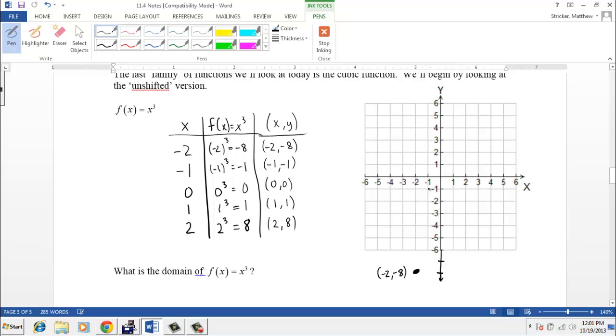Then we also had -1, -1. We have 0, 0. We have 1, 1. We have 2, 8. So this cubic function kind of has this look to it.